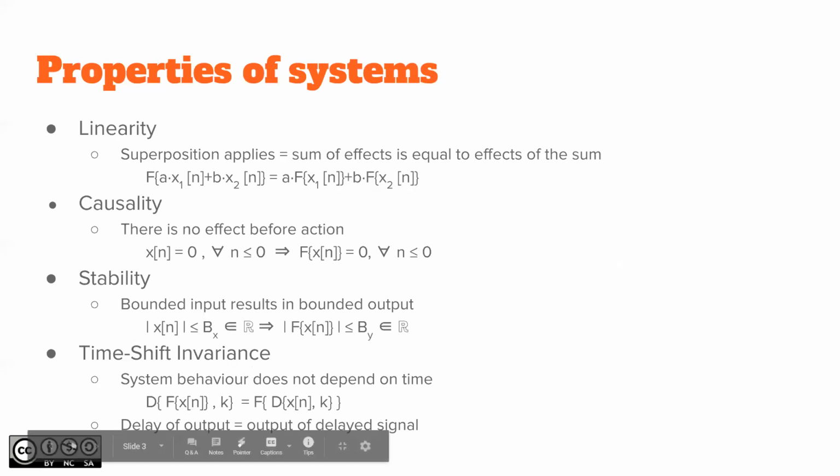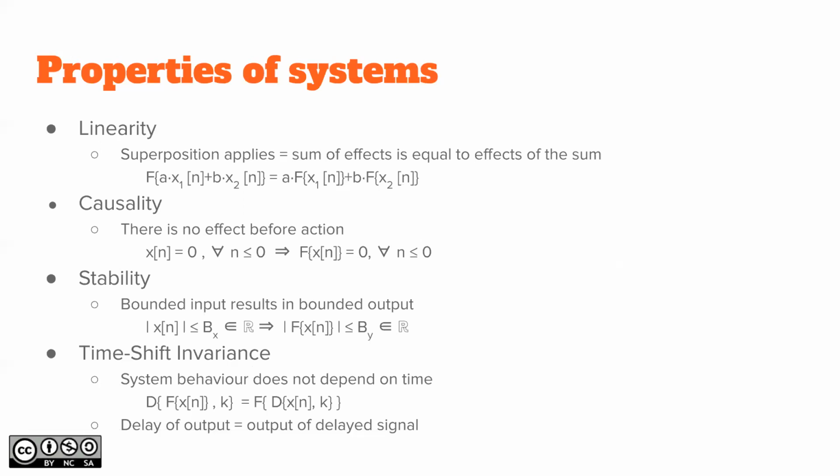Maybe I could use some annotation tools to see if I can do any better annotation than last time. Draw. Okay, let's see. Red. So this one basically means that if you have an input, you feed the input to a system.